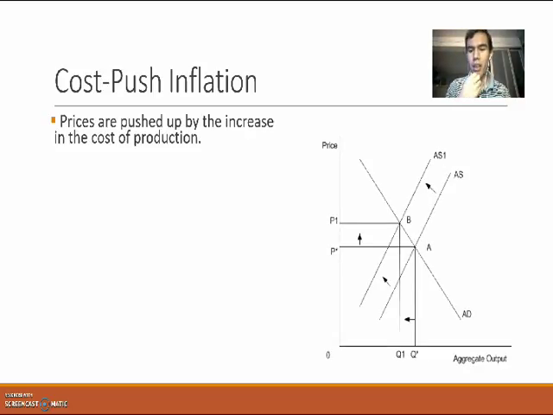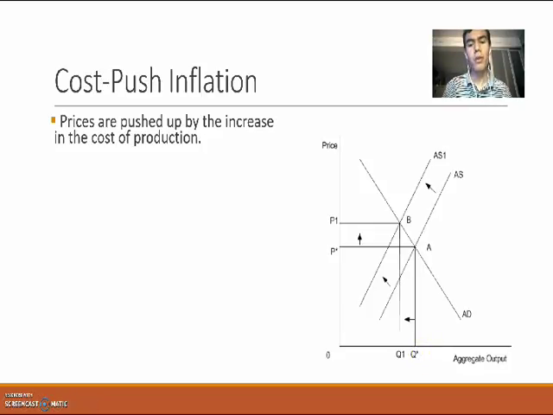Here we have our graphic with the aggregate supply and aggregate demand. In the axes we will have the price level, we have already seen this before, and the aggregate output. We have our point of equilibrium A, that is when the curve of aggregate demand and the first aggregate supply intersect. We have our point A with Q star and P star as our optimum price level and aggregate output.